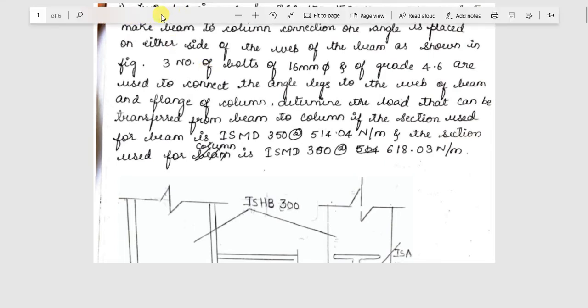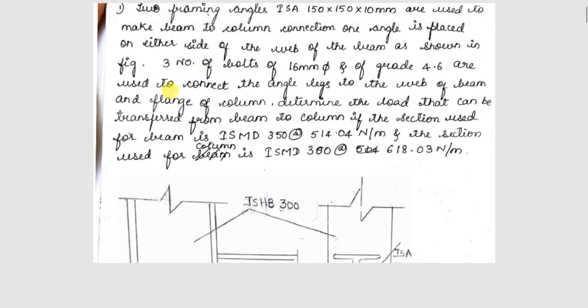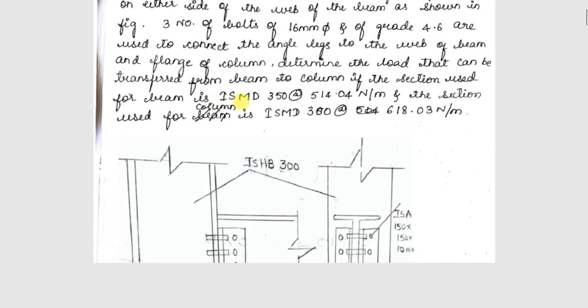Starting with the problem: two framing angles ISA 150 by 150 by 10 mm, so these are the angles used for connection, are used to make a beam to column connection, and one angle is placed on either side of the web of the beam as shown in the figure. Three bolts of 16 mm diameter of grade 4.6 are used to connect the angle legs to the web of beam and flange of column.